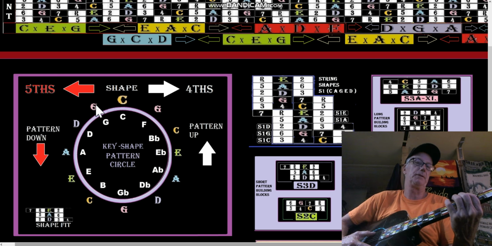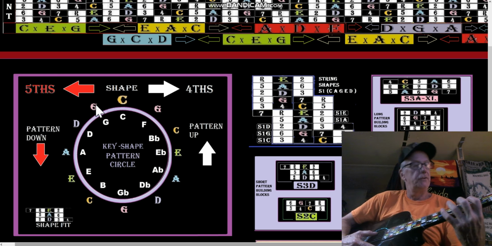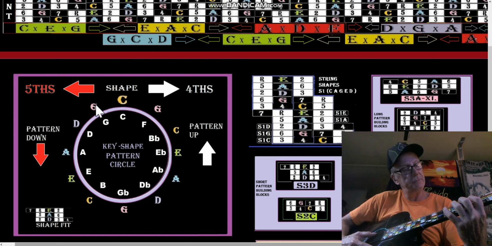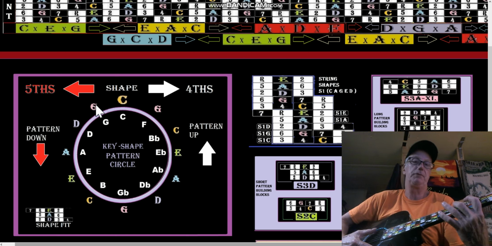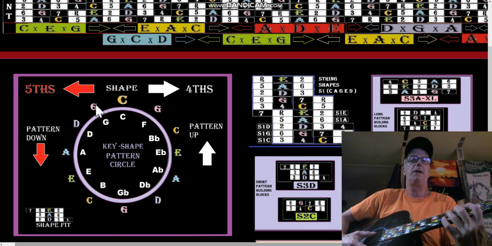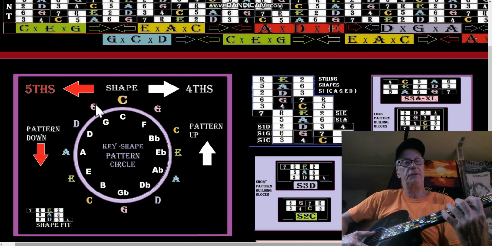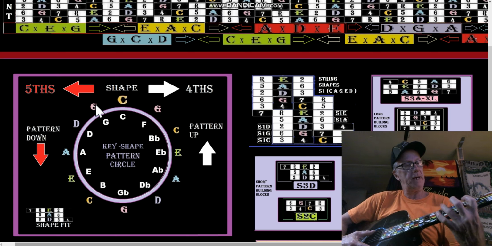So the bottom string is the C string shape. I know it's confusing. So the next string shape up from C is going to be the G string shape, and that G string shape is just going to be moved to the bottom like that. So when we're going in fifths, we replace the bottom string with the fifth string shape of the previous one, and then play the pattern.